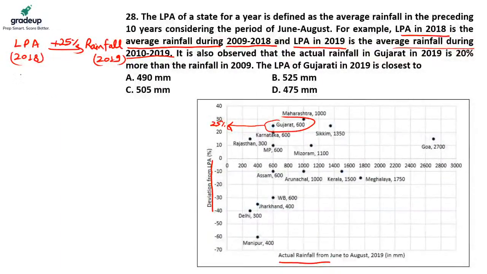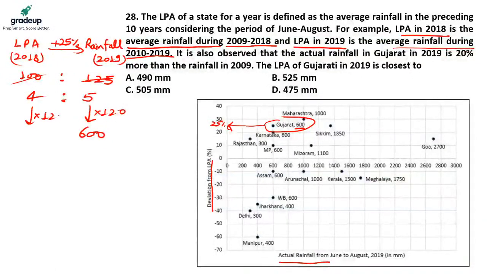Means, can I say the ratio must be 100 is to 125, isn't it? Can I say the ratio is 4 is to 5? And actual rainfall is given as 600. So 5 parts are 600, means 1 part is 120, 4 parts will become 480.